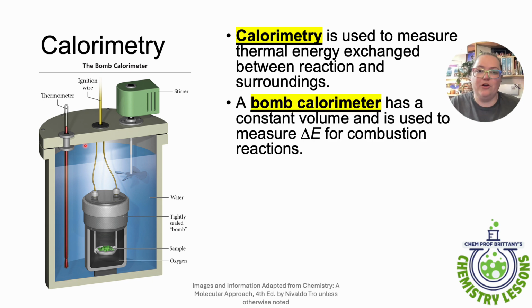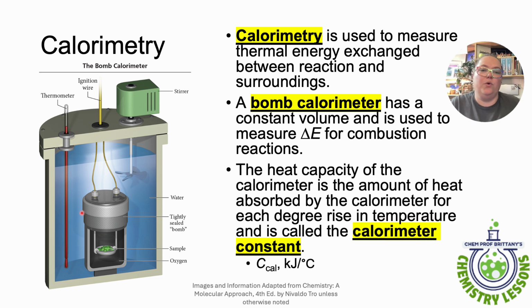The bomb calorimeter has a constant volume, which is this, and is used to measure combustion reactions. Then we can look at the heat capacity of the calorimeter and create a calorimeter constant for, let's say, 2 liters of water exactly, or whatever. In a general chemistry lab, in particular my general chemistry lab, we do coffee cup calorimetry.